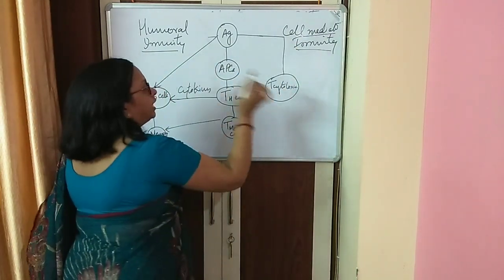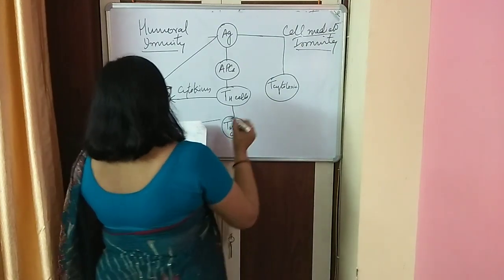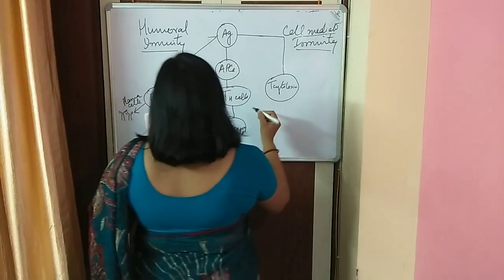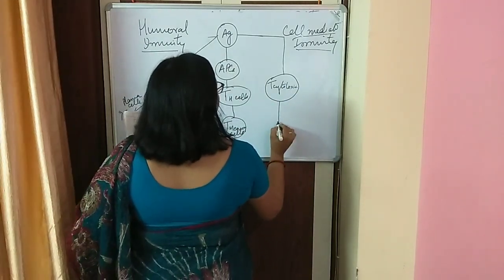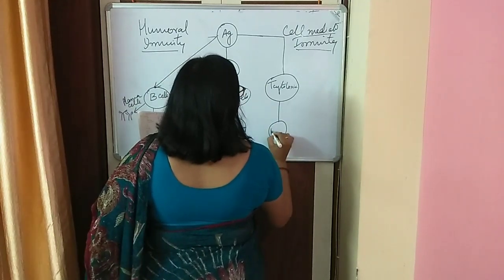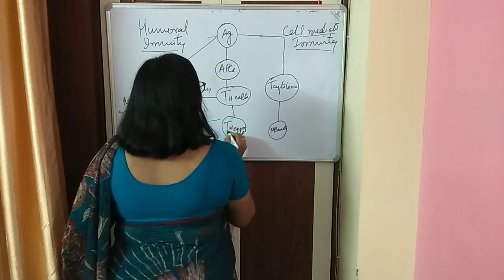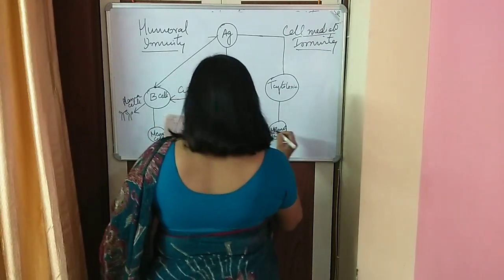Antigen is directly taken by the cytotoxic cell, and this cytotoxic cell will give rise to memory cells, memory T cytotoxic.